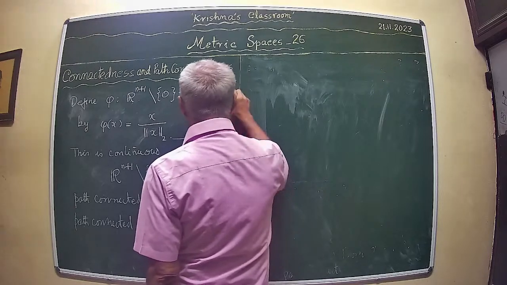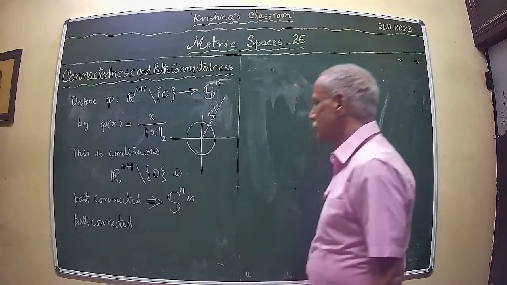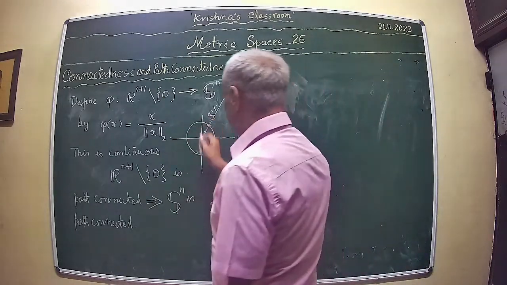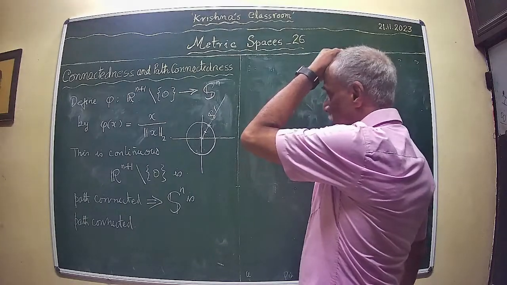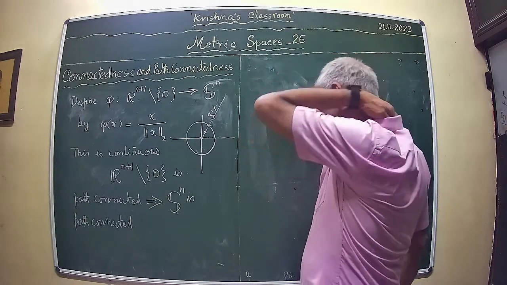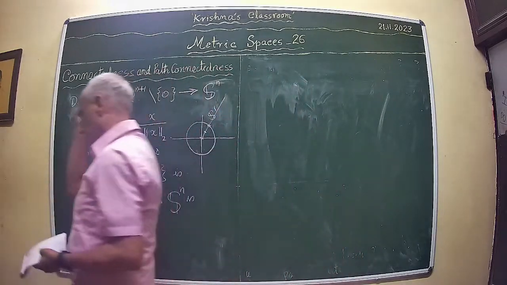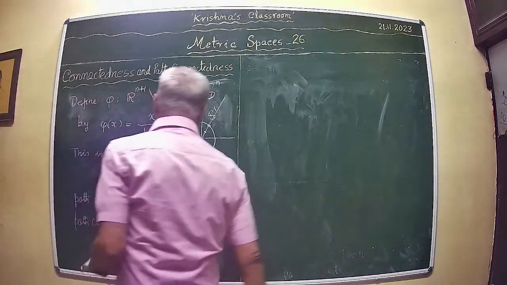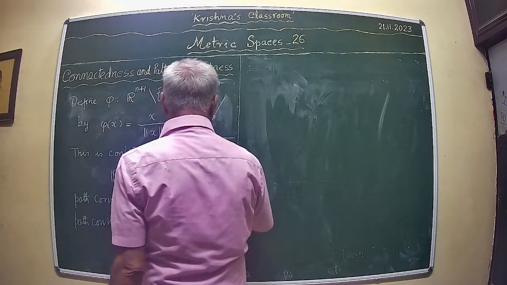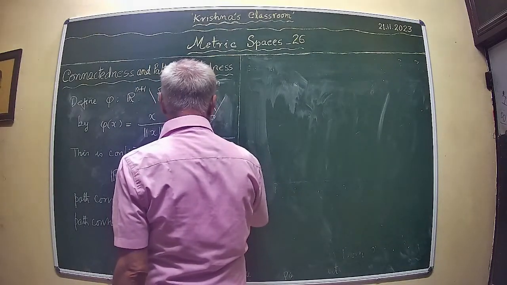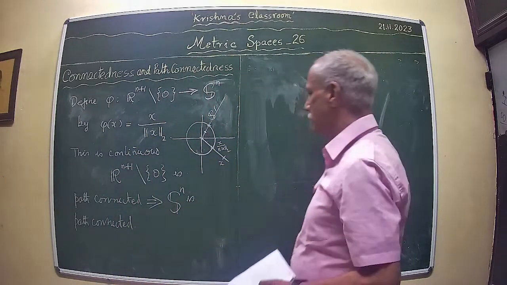So every point on this radial line is mapped to this. Okay, so see that this is a many to one map, but it's a continuous map. Okay, so that's the point. So you map along the radial line. Take any X here, map to X by norm of X, that's the image.